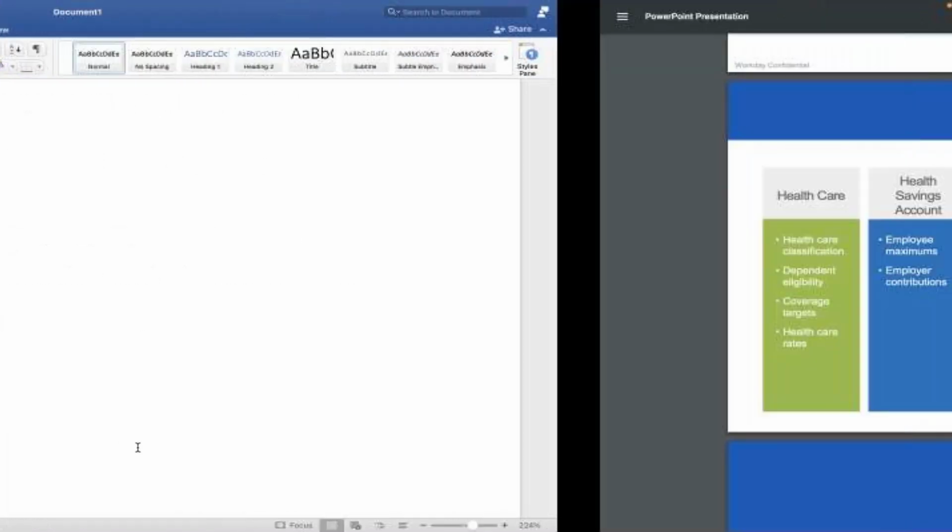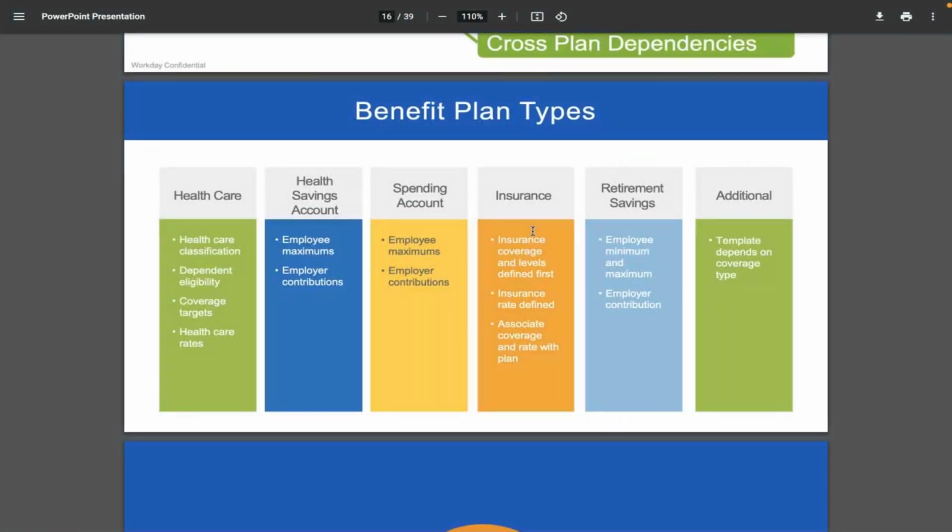These kinds of plans fall under insurance. And then retirement savings. I hope you are well aware of retirement savings. You might already be contributing to 401k, pension plans, PF. For example, in the USA we have 401k, in the UK we have pension, in India we have provident fund.